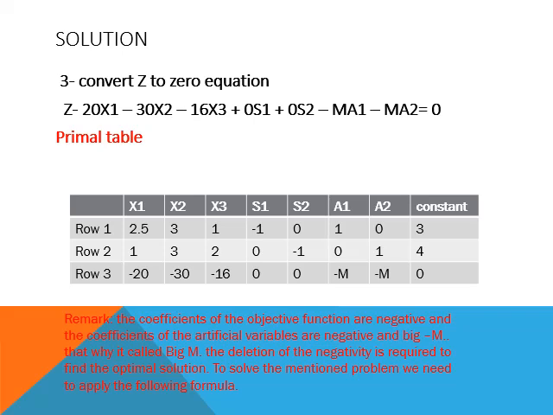The cells for row 1 are the coefficients of constraint 1, while the cells for row 2 are the coefficients of constraint 2.